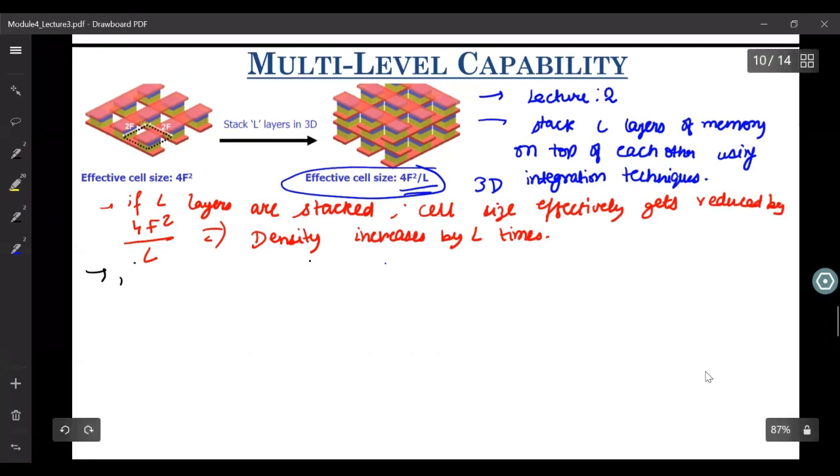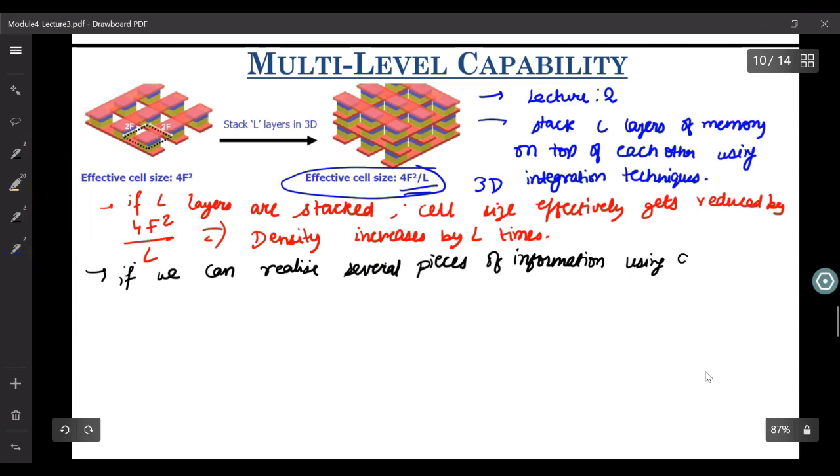If we can realize several pieces of information using a single device or a single memory cell, then we can effectively increase the density.